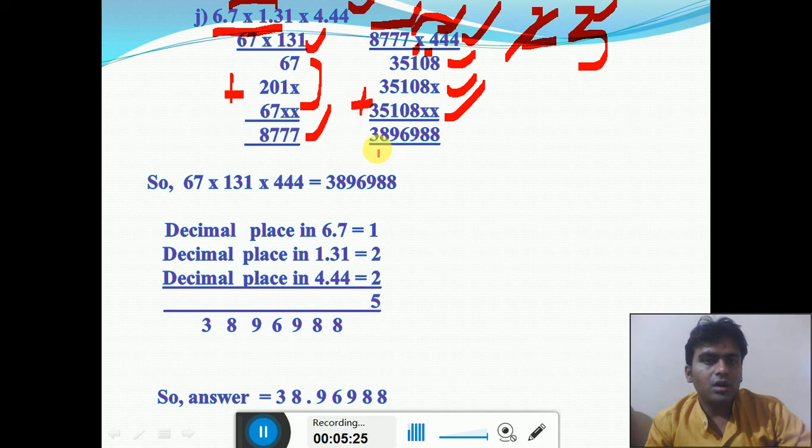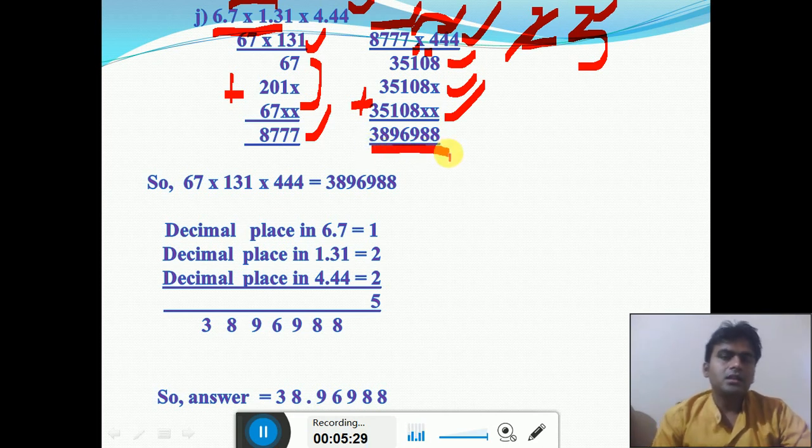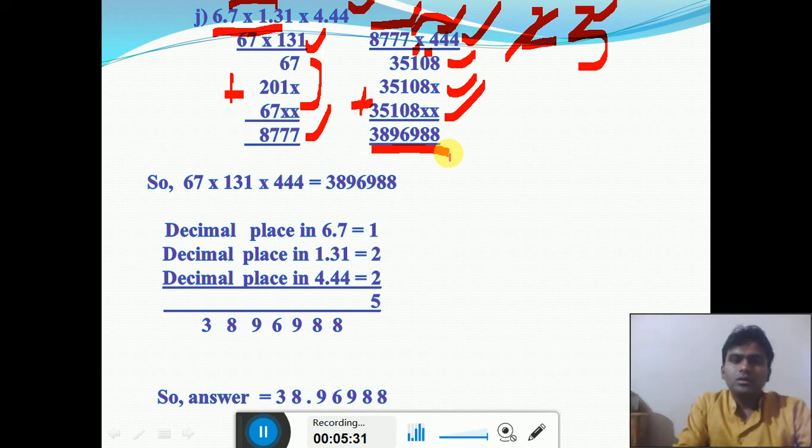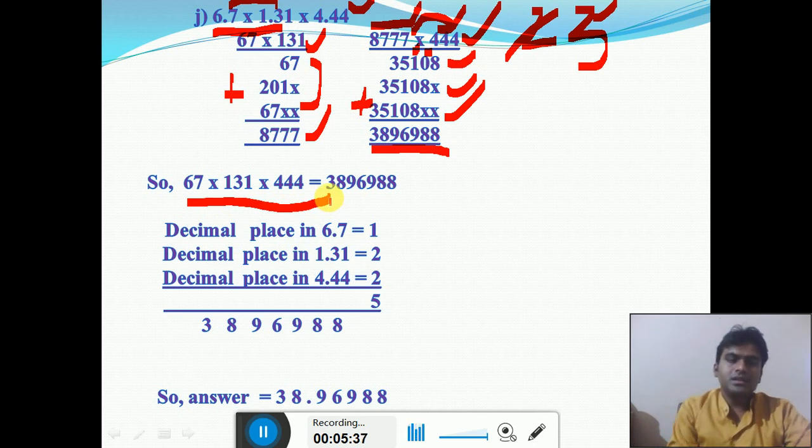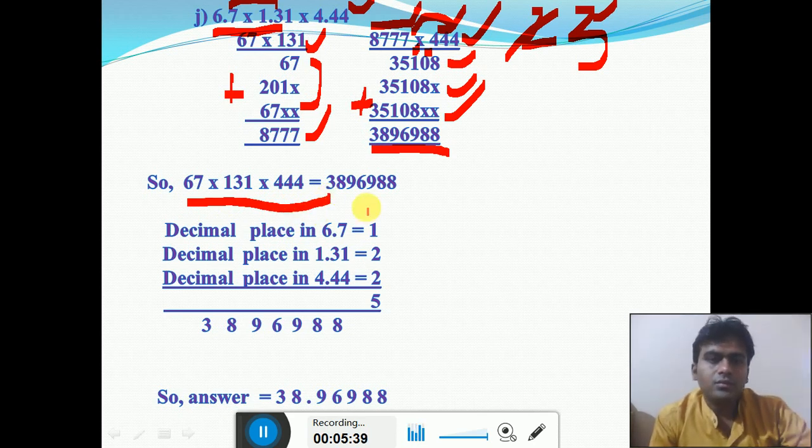So you got 3, 8, 9, 6, 9, 8, 8. So the multiplication of these three, 67 into 131 into 444, we got 3896988.